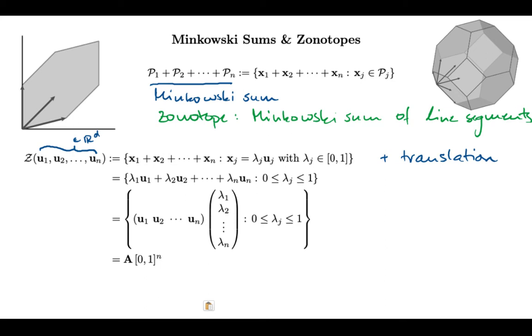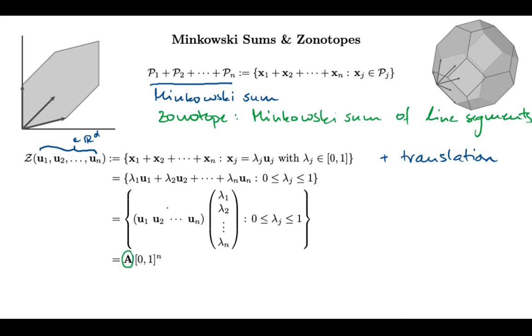So in the second line here, you see again the definition of a zonotope as the Minkowski sum of line segments. But in the third and fourth line, you can see that we can rephrase this definition as coming from an image of the n-dimensional unit cube. So here n is the number of line segments that I start out with.